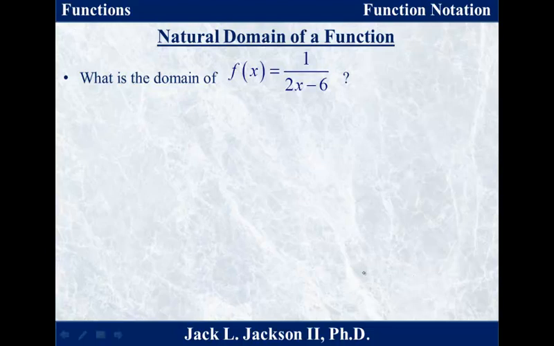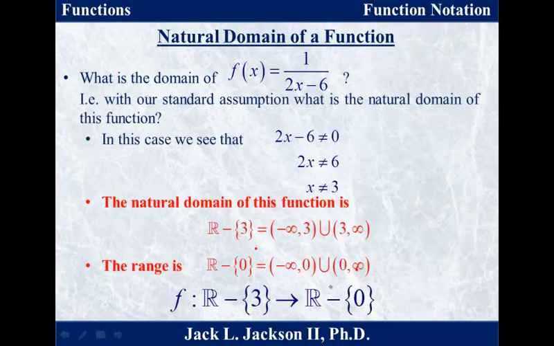Okay, well, let's think about this a second. If we take the input, can we always multiply by 2? Yeah, that's not going to give us any problem. Can we always take something and subtract 6? Well, again, that's no problem. Can we always take 1 and divide it by something? Almost always, but we can't divide by 0. So the thing that we're dividing by, 2x minus 6, cannot be 0.